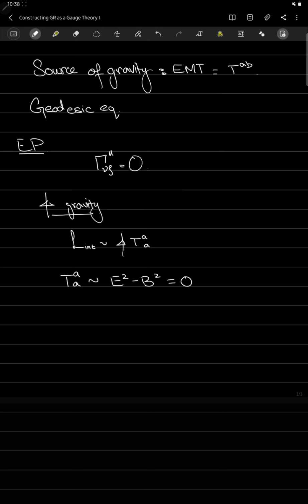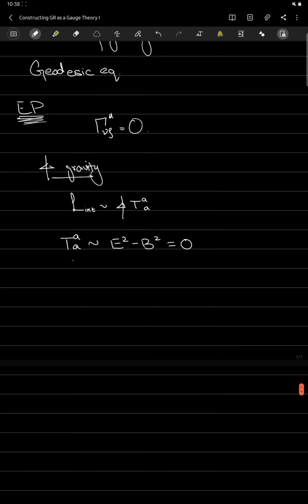Hence we conclude that scalar gravity cannot even obey the equivalence principle, and so gravity must be mediated by a spin 2 particle, or a spin 2 field to be exact, and that this T_AB should be the source of this field.